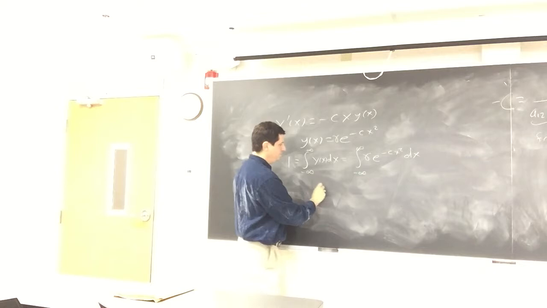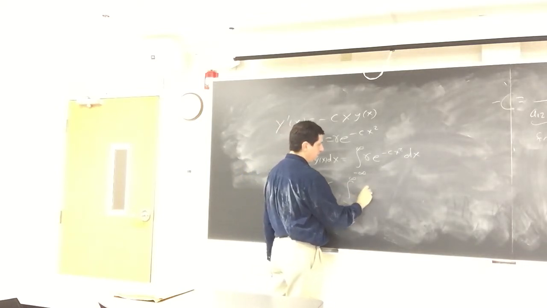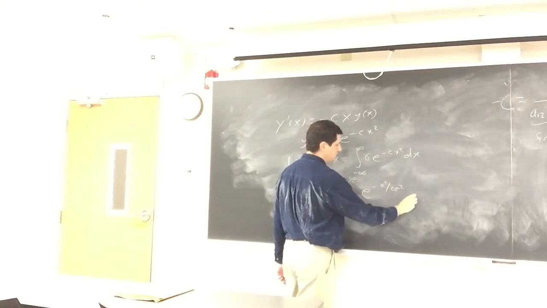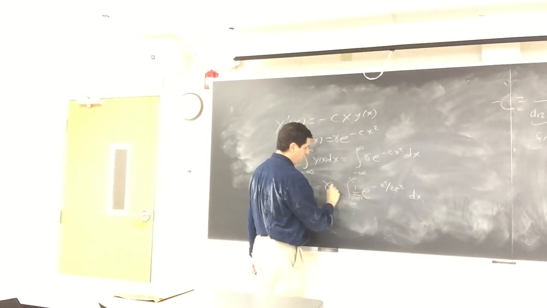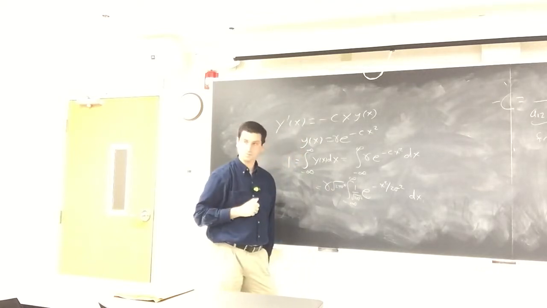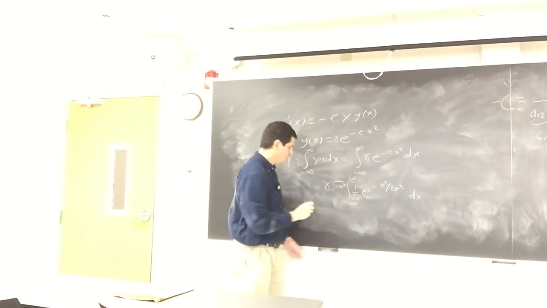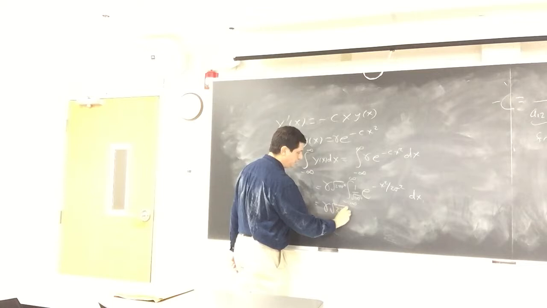So this is the same as gamma, integral from minus infinity to infinity, e to the negative x squared over 2 sigma squared dx, 1 over square root of 2 pi sigma squared, and we'll have a square root of 2 pi sigma squared. And now, what does this integral equal? 1. So this is just going to be gamma times the square root of 2 pi sigma squared.